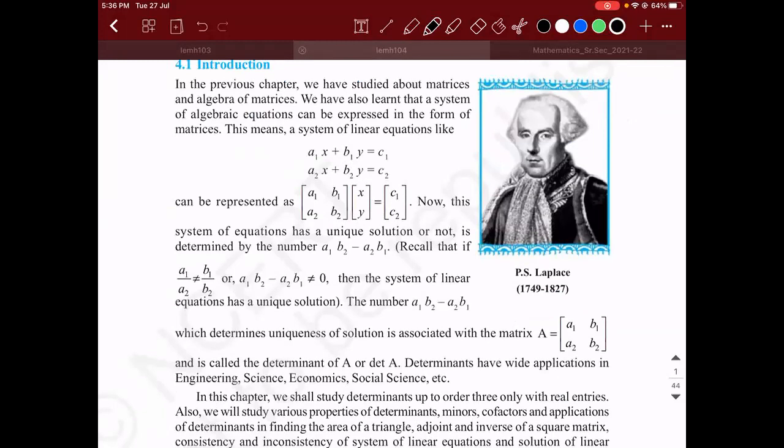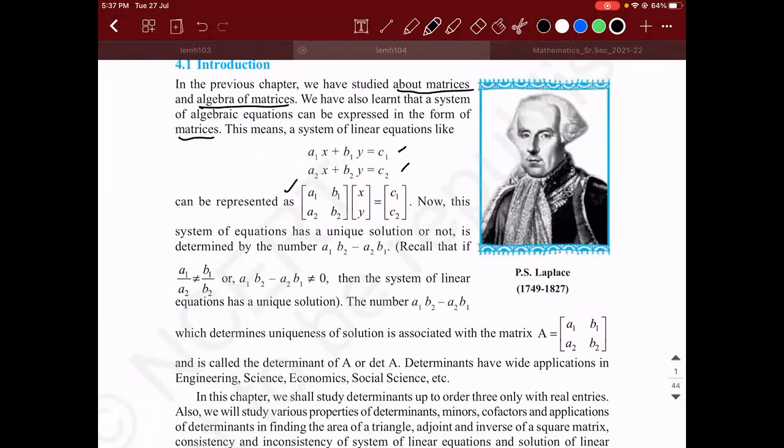In the previous chapter, we studied matrices and the algebra of matrices. We have also learned that a system of algebraic equations can be expressed in the form of matrices. A system of linear equations in two variables, a1x plus b1y is equal to c1 and a2x plus b2y is equal to c2, can be represented like this.